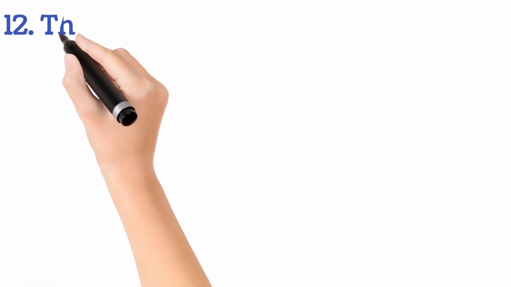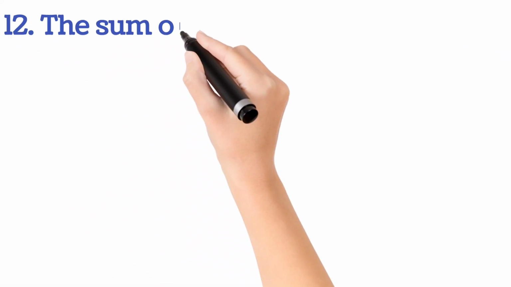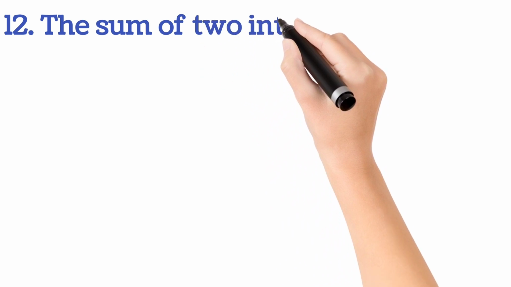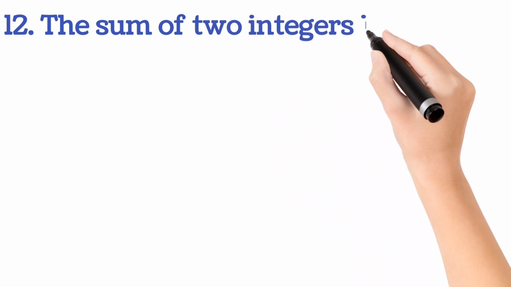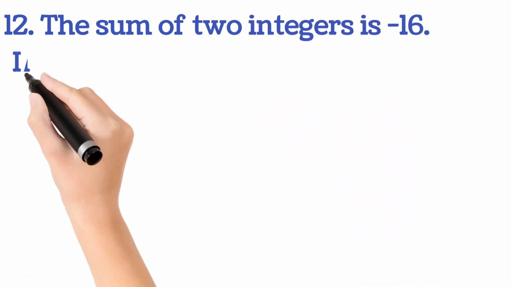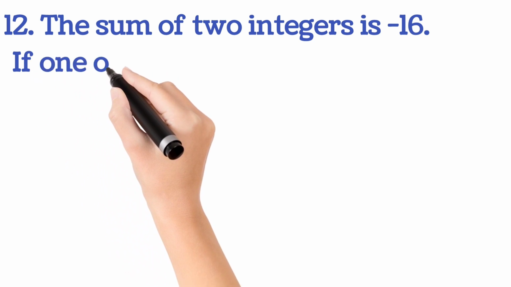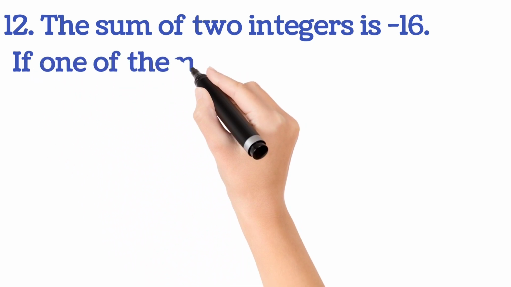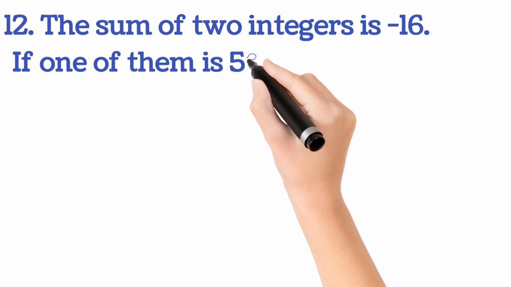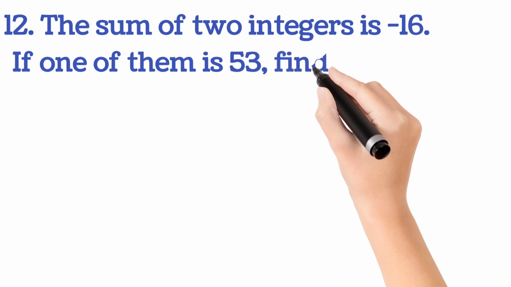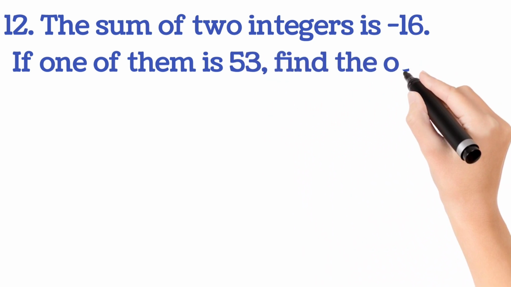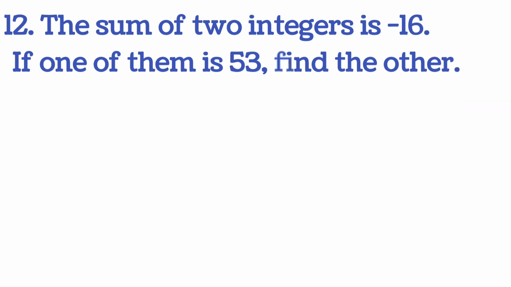Sum number 12. The sum of two integers is minus 16. If one of them is 53, find the other. Now see, they are talking about two integers.